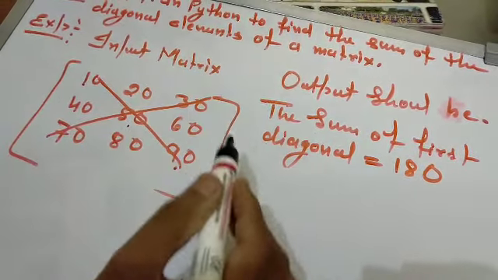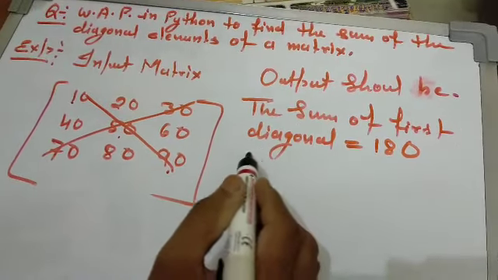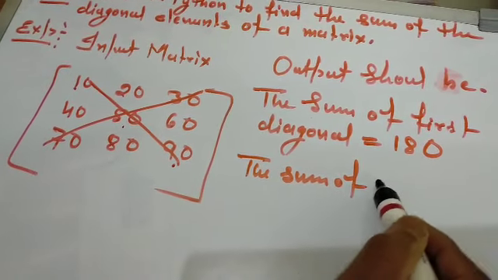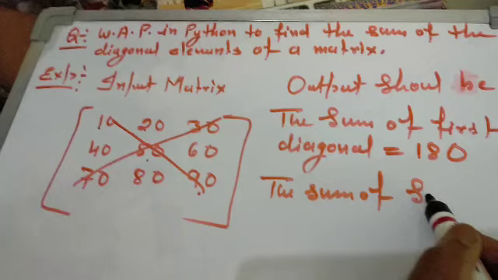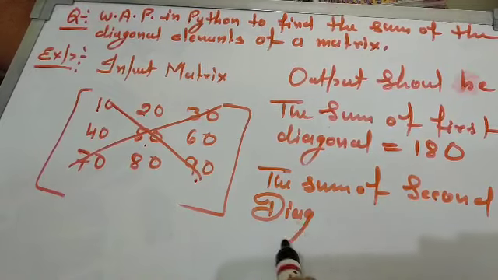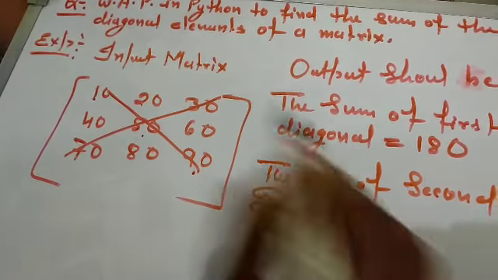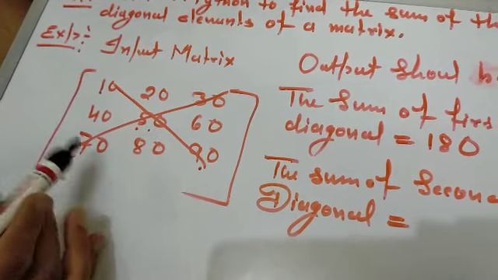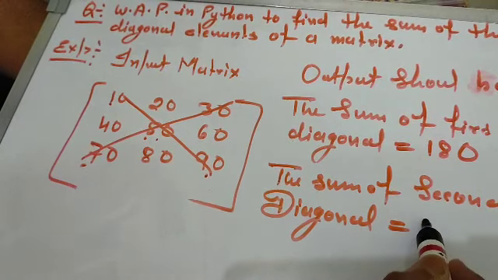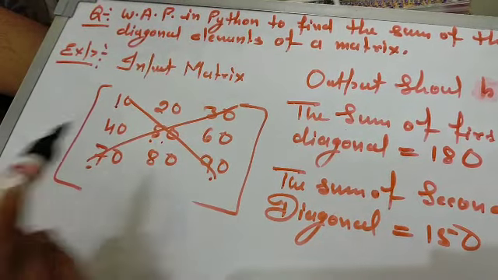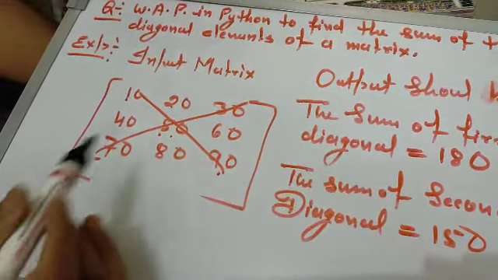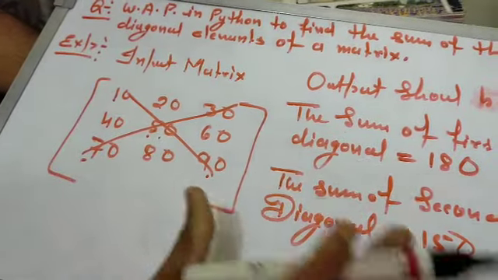In the next line, again a new line should be printed: the sum of second diagonal is equal to 30 plus 50 plus 70, that is 150. Is it right or not? 150, 150. So this output should be printed after execution of the program.